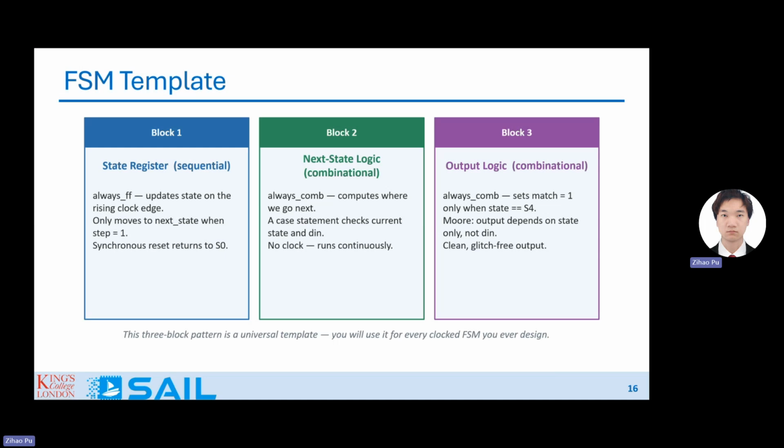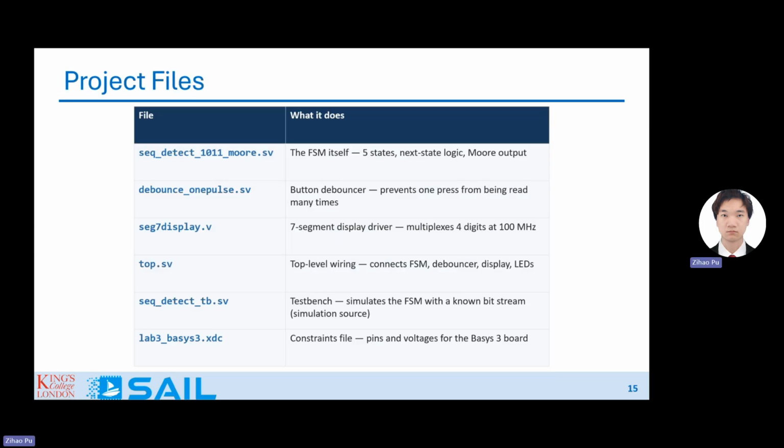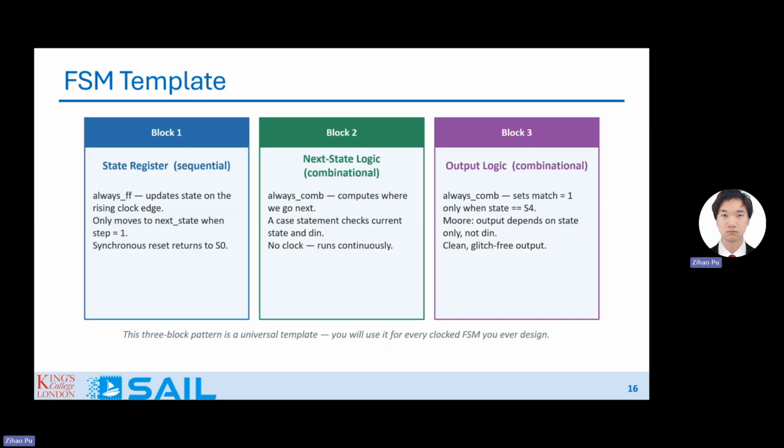The first is a state register, which is sequential, so it has always_ff. This is in SystemVerilog, so you're going to have always_ff, which is specifically for flip-flops. Flip-flops are needed for a sequential circuit.